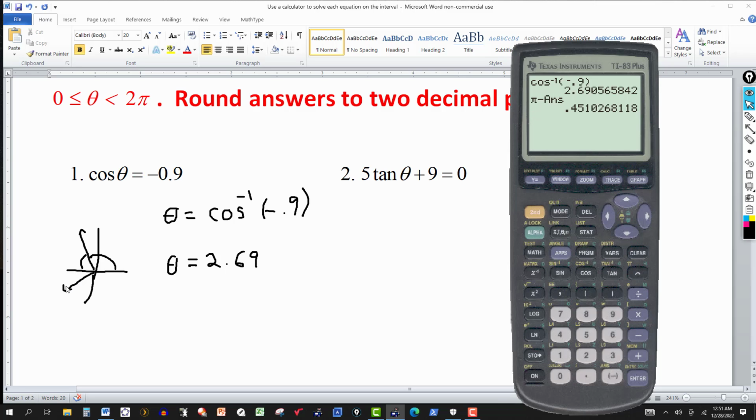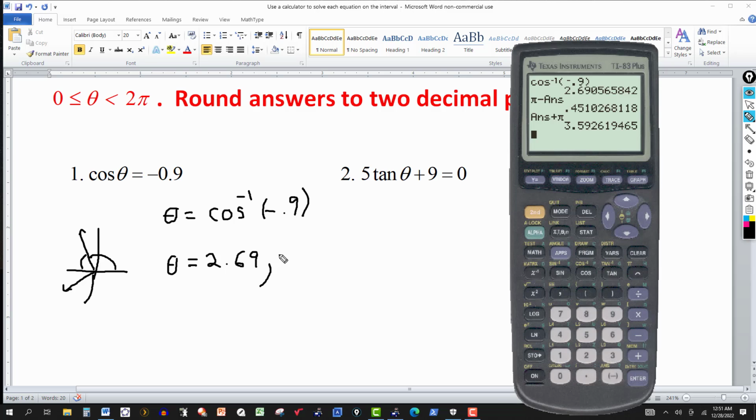To get the angle that terminates in quadrant 3, I add pi to that reference angle, so I'm adding pi to that. And I get that. And those are the two angles for that equation.